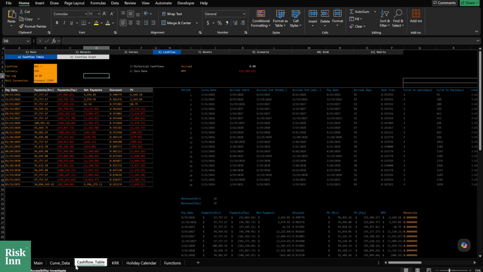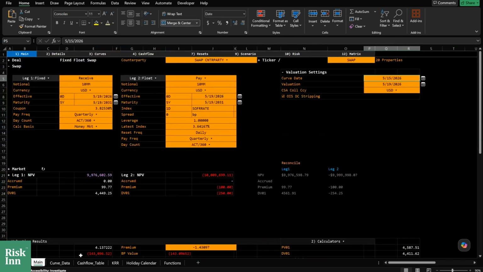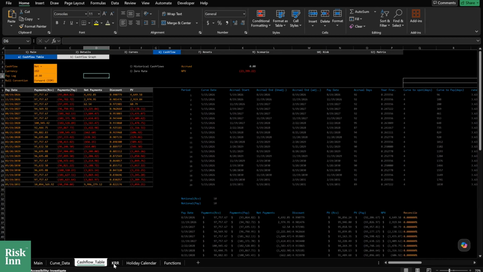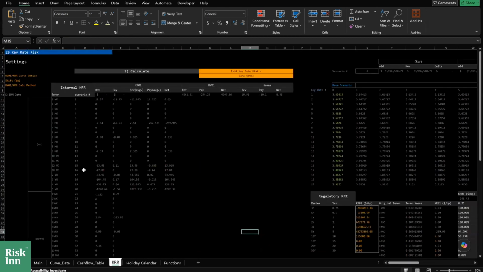What's next? We got the cash flows, we got the value by discounting them. Next step is to calculate risk. So we have KR01, which is a key rate sensitivity. This is that calculation.